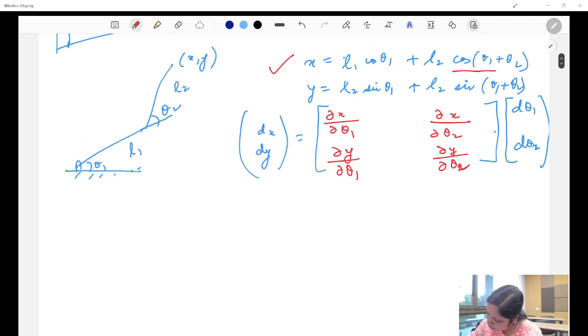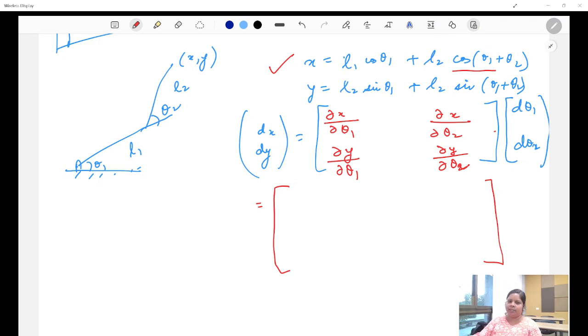After this, if you try to find this out, what will you get? Differentiating cos theta 1 with respect to theta 1 gives minus sin theta 1, so it is minus L1 sin theta 1, minus L2 sin(theta 1 plus theta 2), since differentiating cos(theta 1 plus theta 2) with respect to theta 1 gives minus sin(theta 1 plus theta 2).